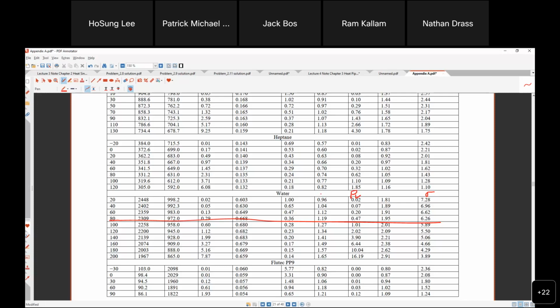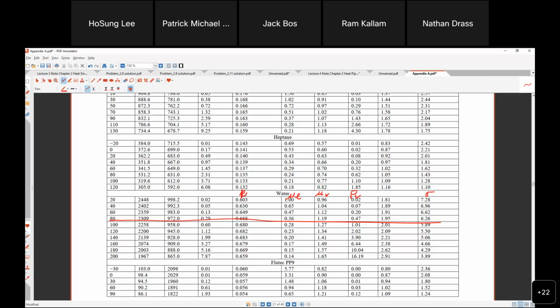I have to check the unit of viscosity, newtons per meter. And liquid viscosity and thermal conductivity, liquid.